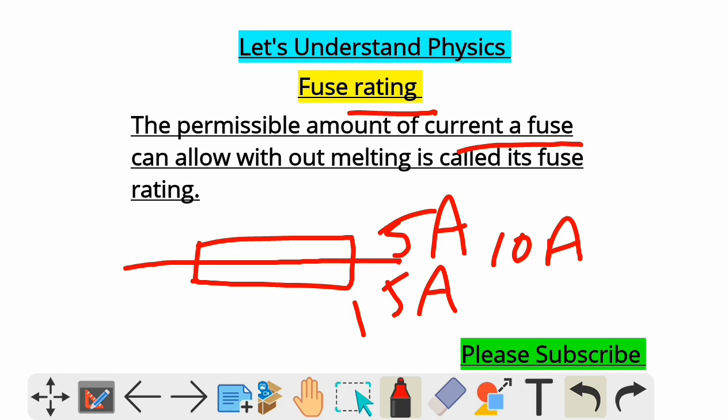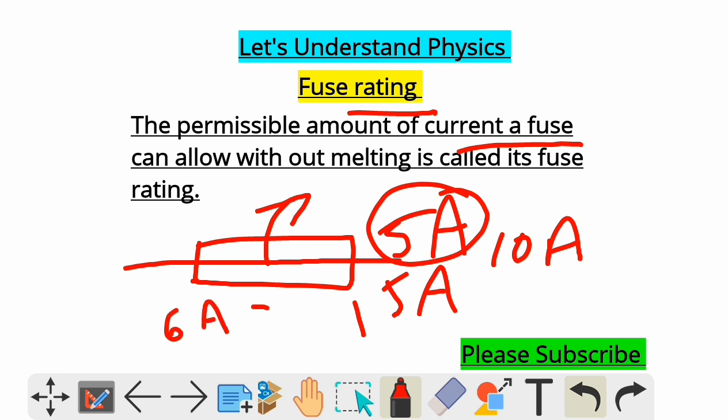If excess current flows, for example with a 5 ampere fuse, if 6 ampere or more is flowing, then it melts and opens the circuit.